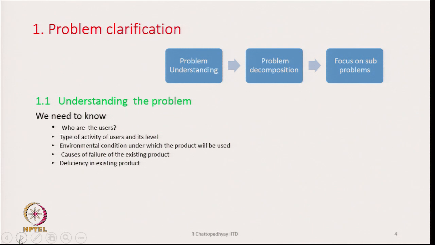Then what are the deficiencies in the existing product? We should also make a list of that, that whatever product is there as of now, it may be a product made by company A, company B, company C. So, if possible we try to analyze and note down the deficiencies, shortcomings in these products.